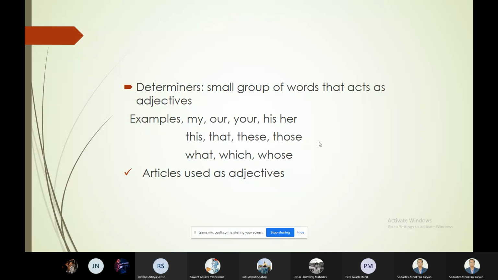Okay, we also use various kinds of articles in our written form, and at the same time in our spoken communication, like A and The. So articles are also considered adjectives. The study of grammar is a very interesting part.